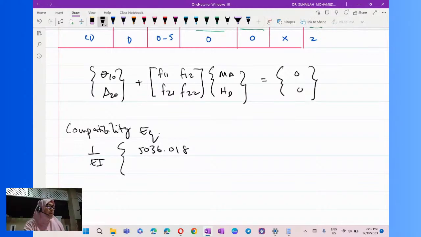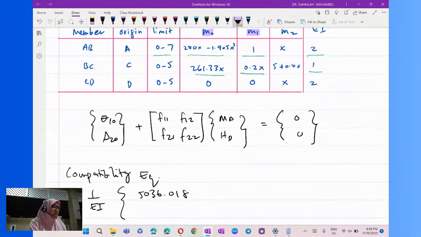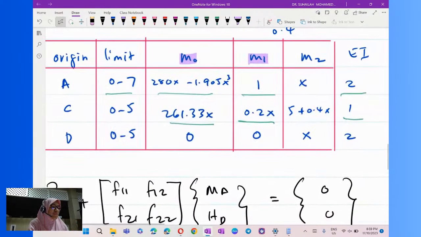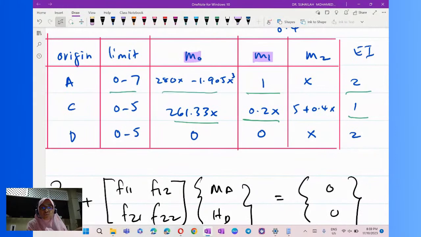So next one is delta 2 naught. For delta 2 naught, we have to refer to M2 and M naught.